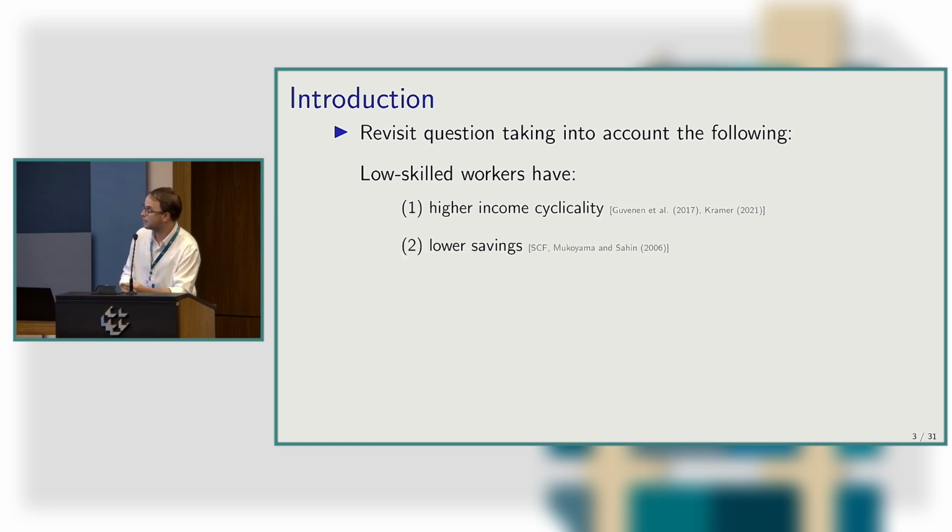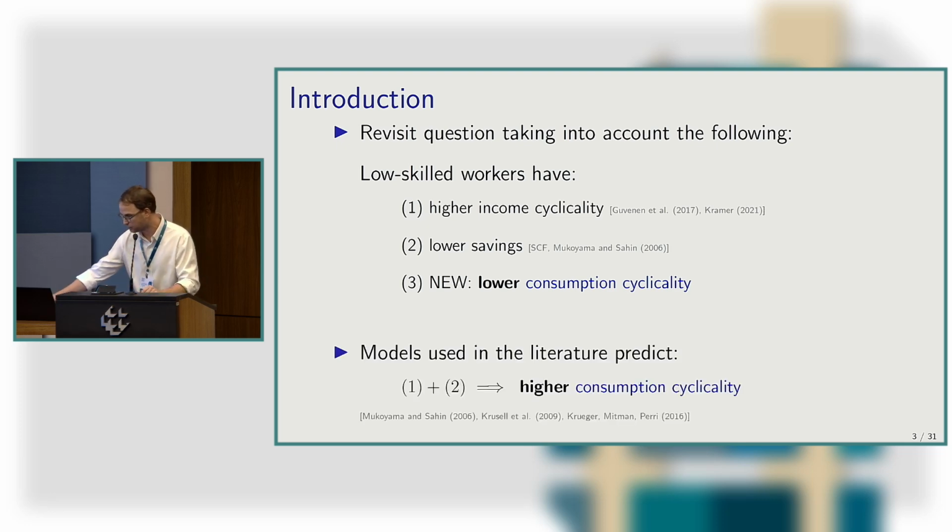Second, these workers also have lower savings. And third, which is something I document in this paper, low-skilled workers have lower consumption cyclicality, so their consumption is more stable despite having higher income cyclicality and lower savings.